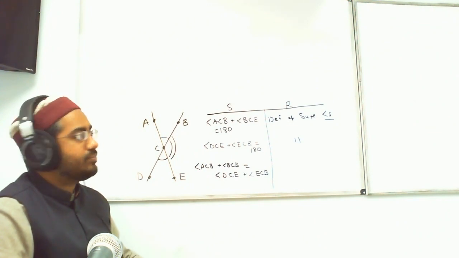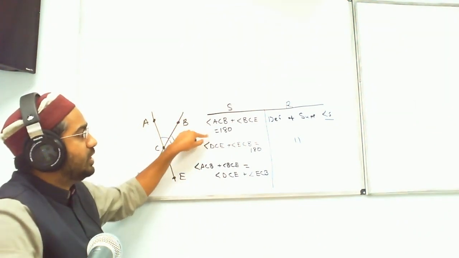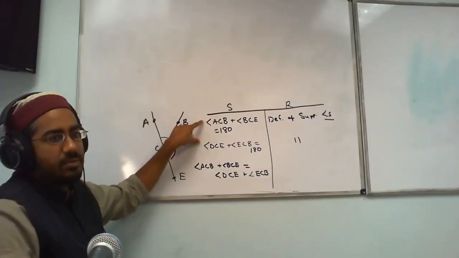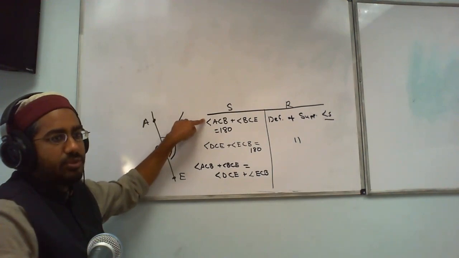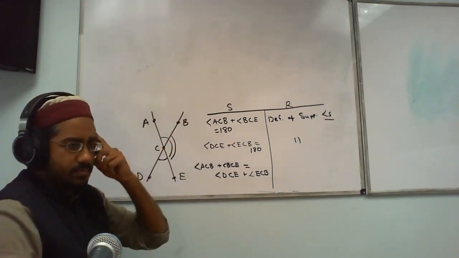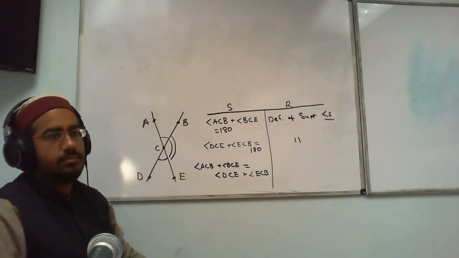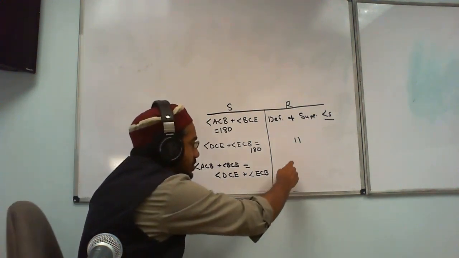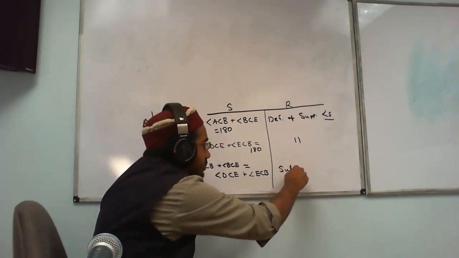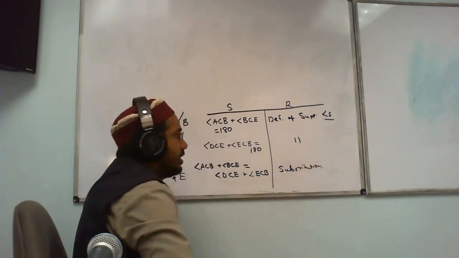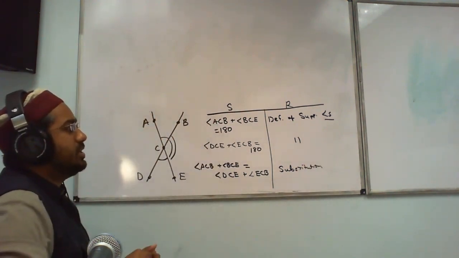Right, these two are equal to 180. This is also equal to 180, right? So what is the mathematical reason for saying that? Therefore these two angles are equal to these two angles. So it's called substitution. What does that mean, substitution?